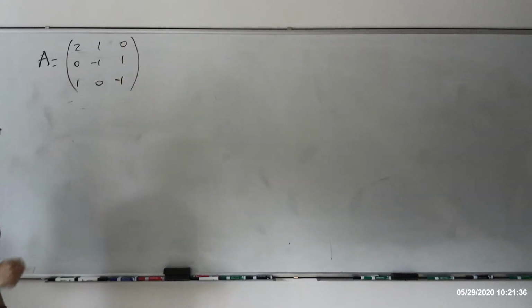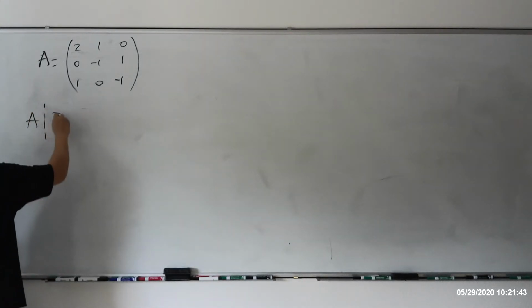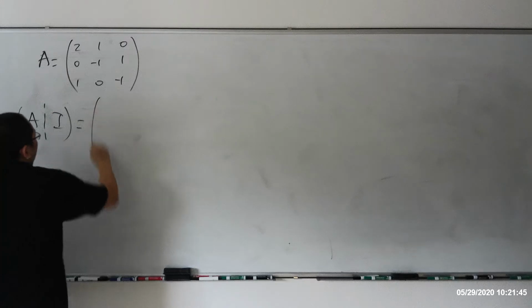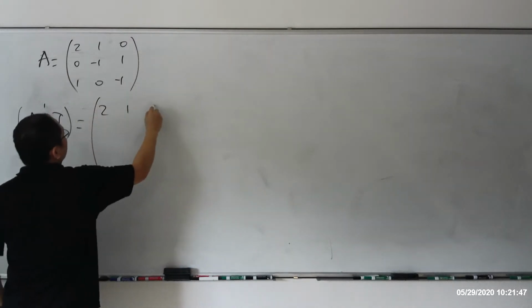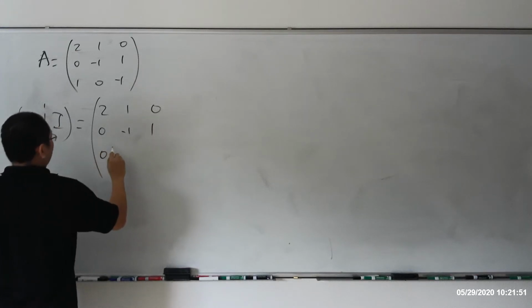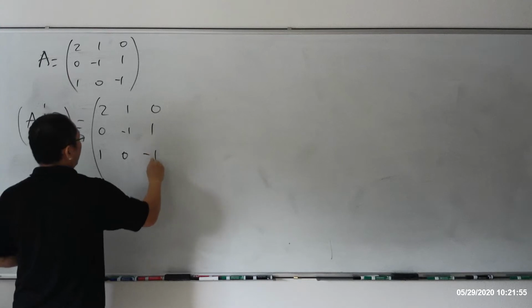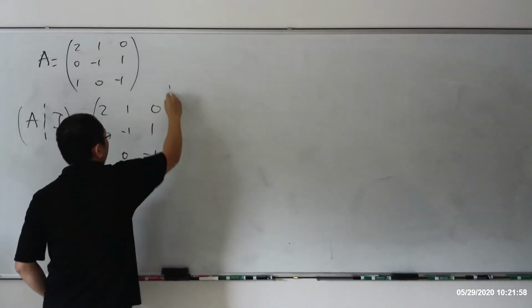This is my matrix A. And I want to find the inverse of A. Okay, this is what I'm going to do. A, I. So I'm going to write down here 2, 1, 0, 0, -1, 1, 1, 0, -1.